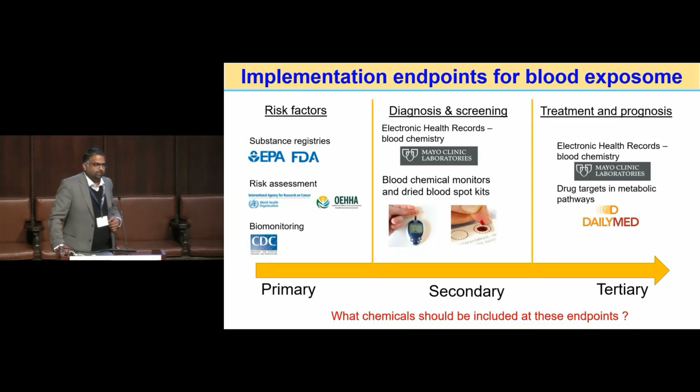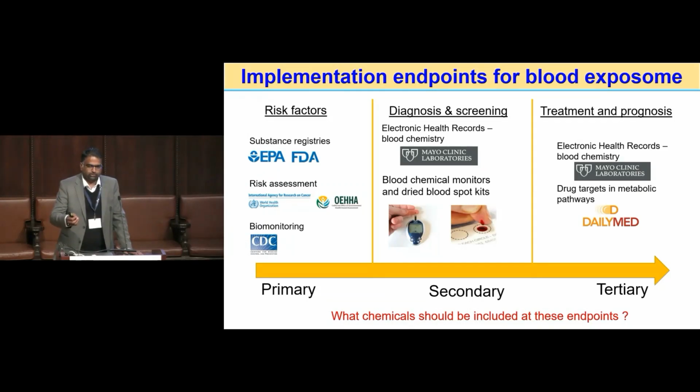Now think about that we detect a chemical using untargeted metabolomics for blood, and that we think that it's related to cancer, then we can recommend that to IARC monograph that please look at our publications and think about this chemical in the next evaluation panel. In middle diagnosis and screening, we have electronic health record and clinical chemistry, and they have a list of chemicals that they measure using targeted assays.